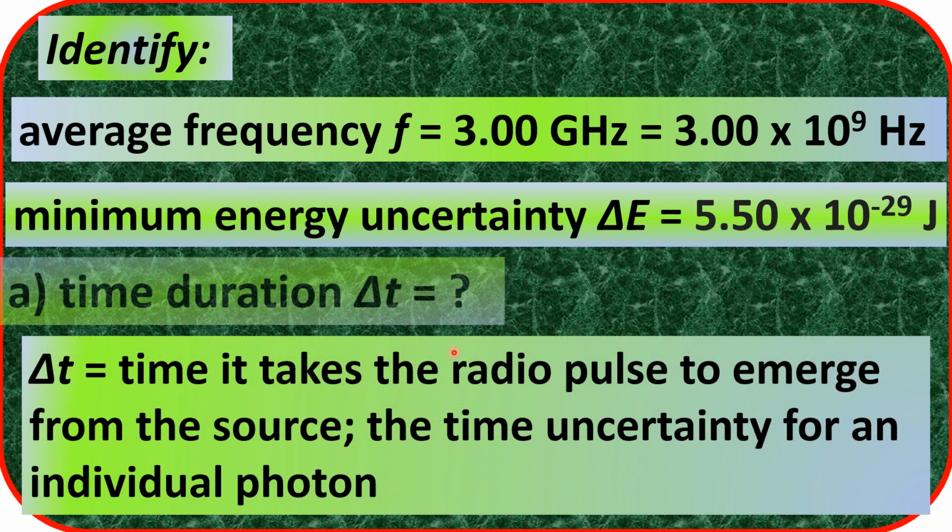This is the time it takes the radio pulse to emerge from the source. It is also the time uncertainty for an individual photon within the pulse, since we do not know when during the pulse that photon emerges.